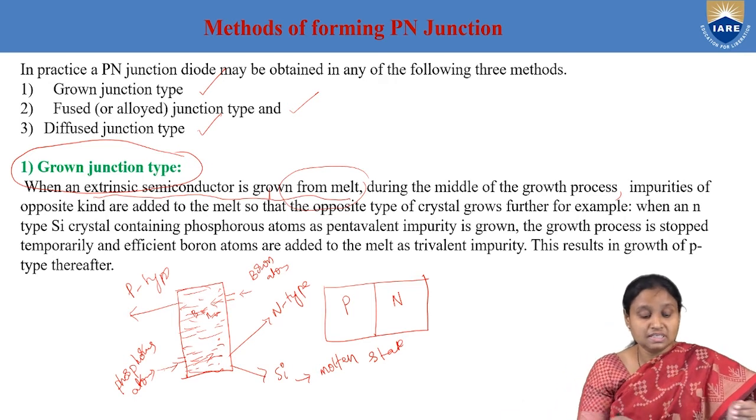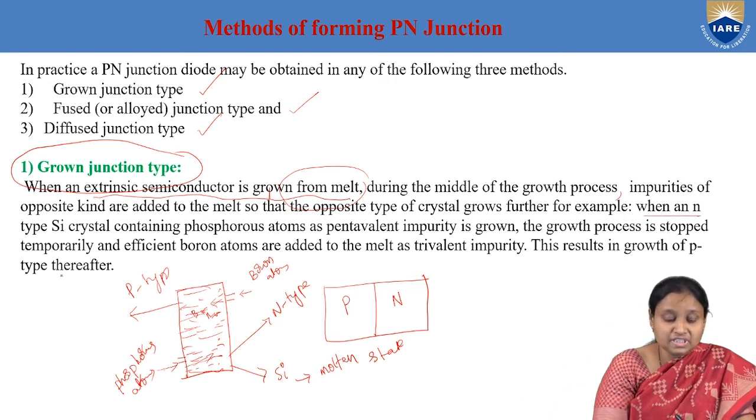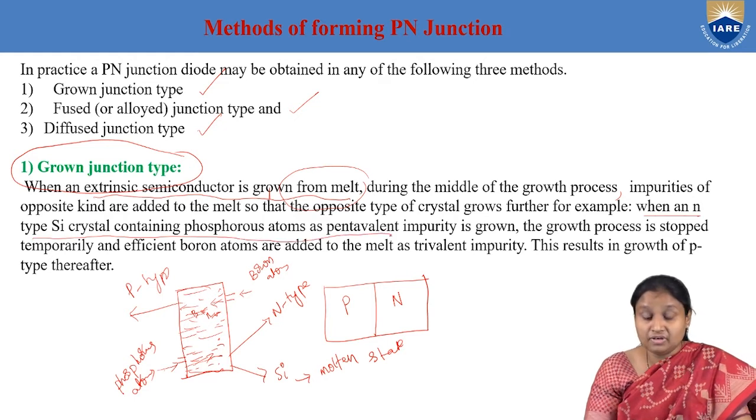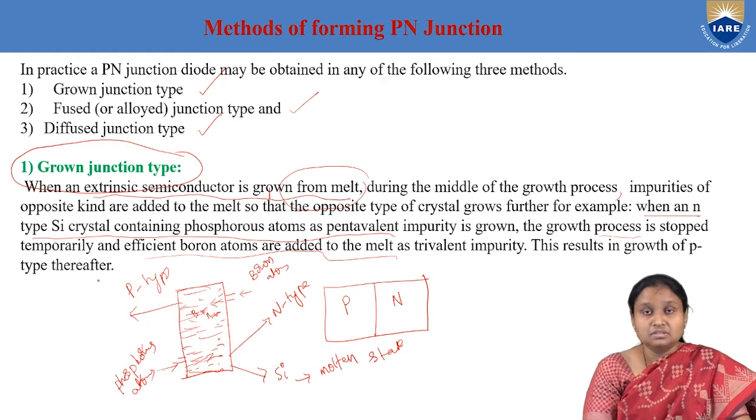So as you can see here, suppose I take a silicon crystal and first I am exposing it to a pentavalent impurity, which is phosphorus atoms. Once there is formation of N-type crystal, then during this growth process, during growing of the crystal from the molten state, I'll stop injecting phosphorus atoms and start injecting boron atoms, so that after this there will be formation of a P-type layer.